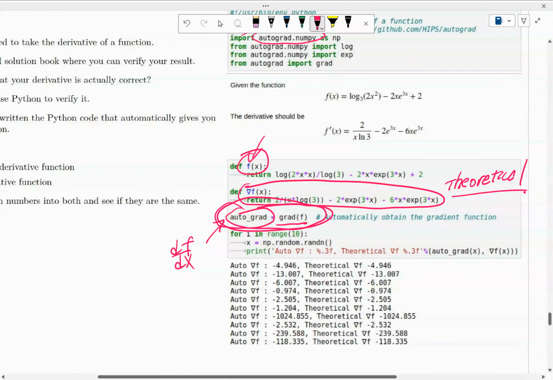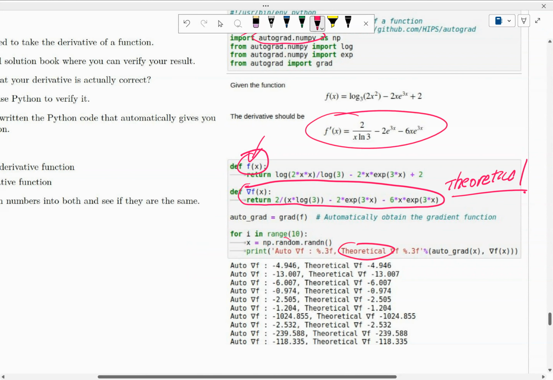So this right here is a programmatic way of finding the derivative. Once you have this, you can randomly generate a bunch of x and compare the result of your theoretical derivative versus the automatically generated one. If you did a good job, in theory, you should get the same values.